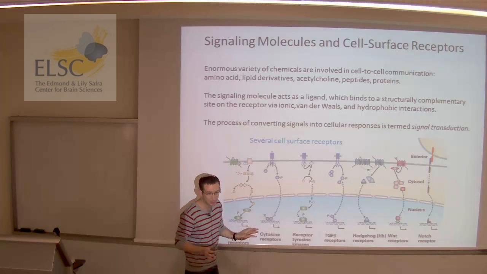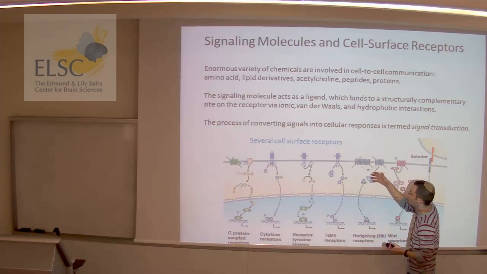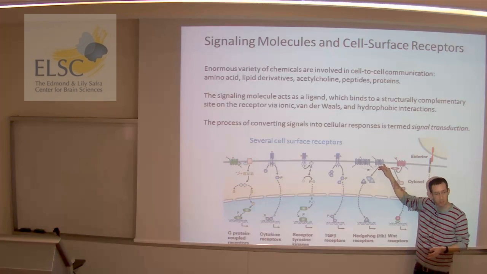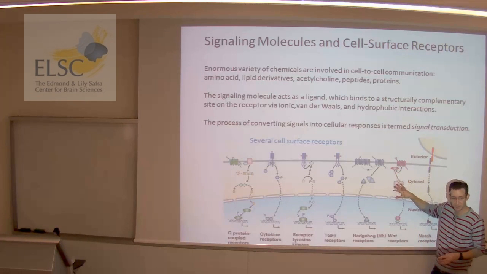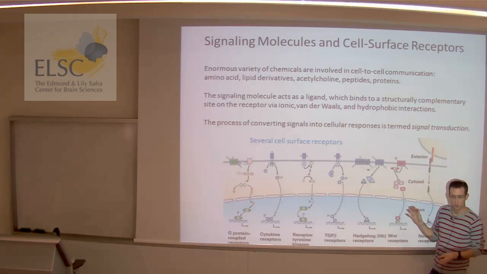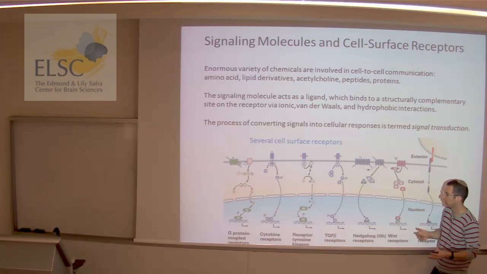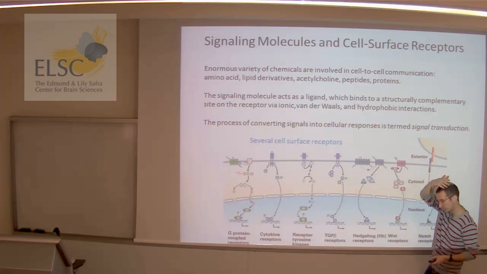But just to complete the picture, there are some molecules that have the ability to penetrate the membrane, and these signaling molecules would have receptors inside the cytosol. The biggest family of such molecules are steroids, and you can read a little bit more about them at home. So they would have receptors that are cytosolic and not transmembranal.